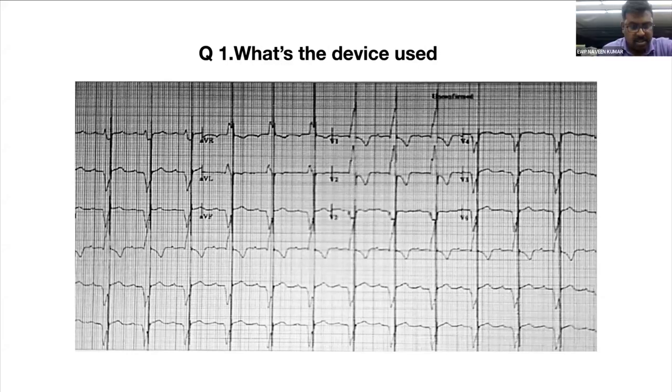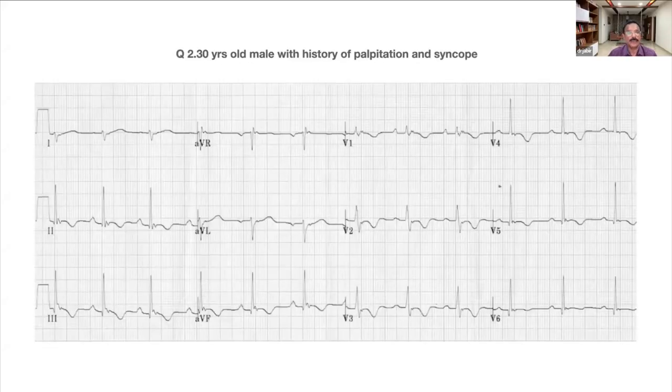Doctor, post your answers in the chat box, doctor. So this is a 30-year-old male with history of palpitation and syncope.